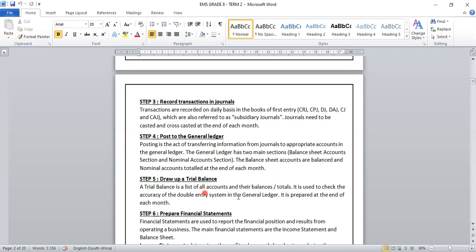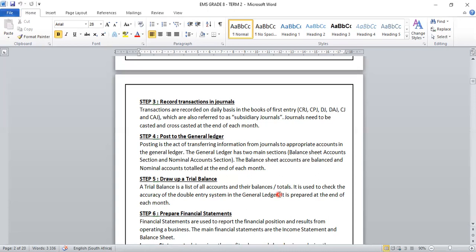So it actually lists all the accounts that appear in the general ledger, and it also verifies and ensures that the general ledger has been prepared correctly.